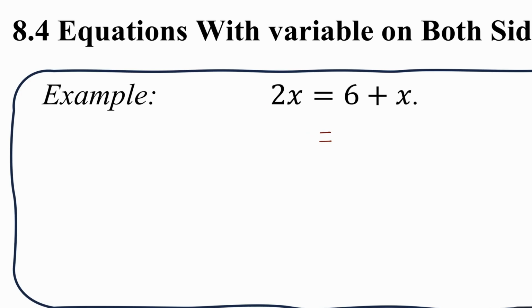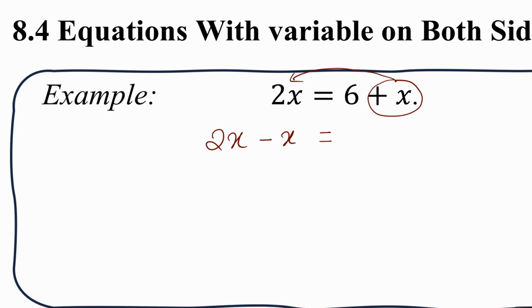Remember, this is the left hand side of your equation, and this is the right hand side of your equation. So I'm moving the x to the left hand side. 2x is already there on the left hand side, and I'm moving this positive x to the left hand side. So positive x becomes negative x. Equal.